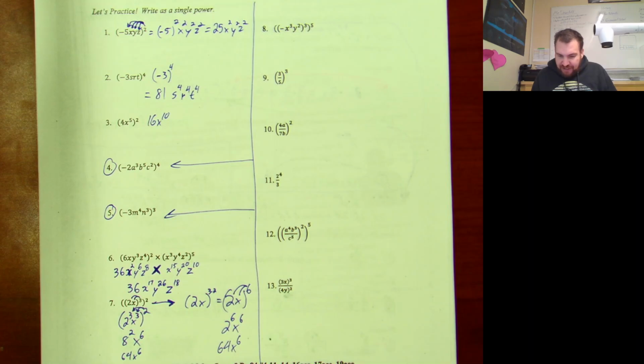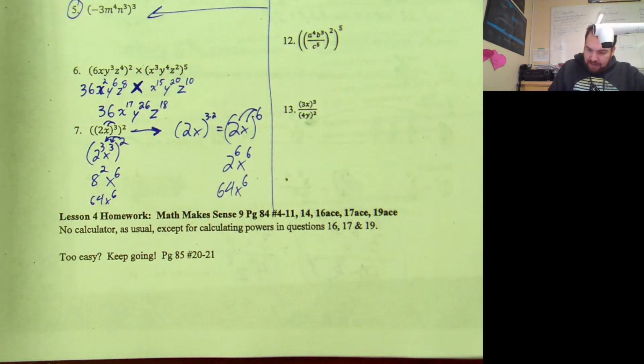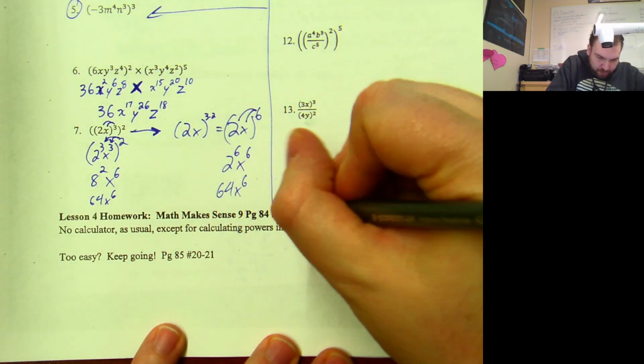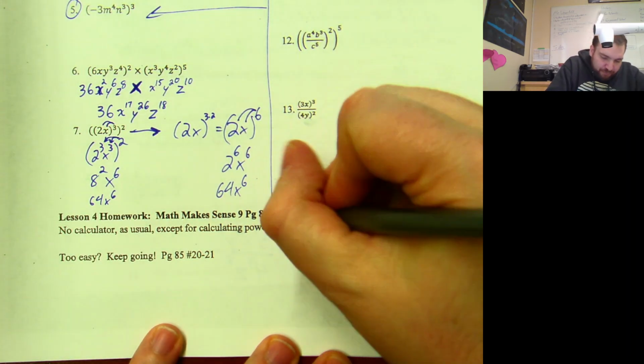Okay, so here I'm going to change this a little bit. Here, take a look. We're going to change the questions a little bit. Because they're nice and easy, I'm going to shrink this down for you. I want you to do where it says 4 to 11. Lots of these have A, B, C, D, E, F, G or whatever. I want you to do 4 to 11.